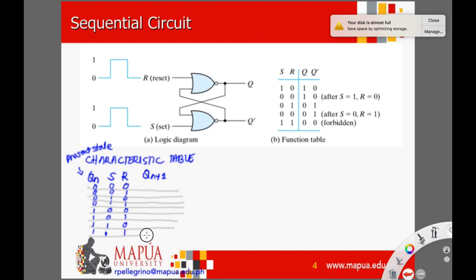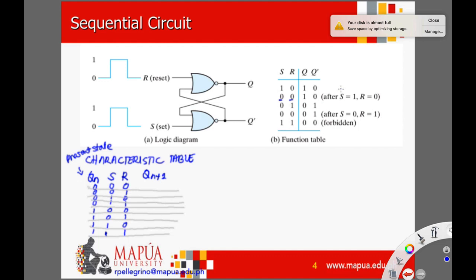At this particular point, what will be the value of our Qn plus 1? As you can see, whenever you have an input of 0, 0, that means it is a memory.